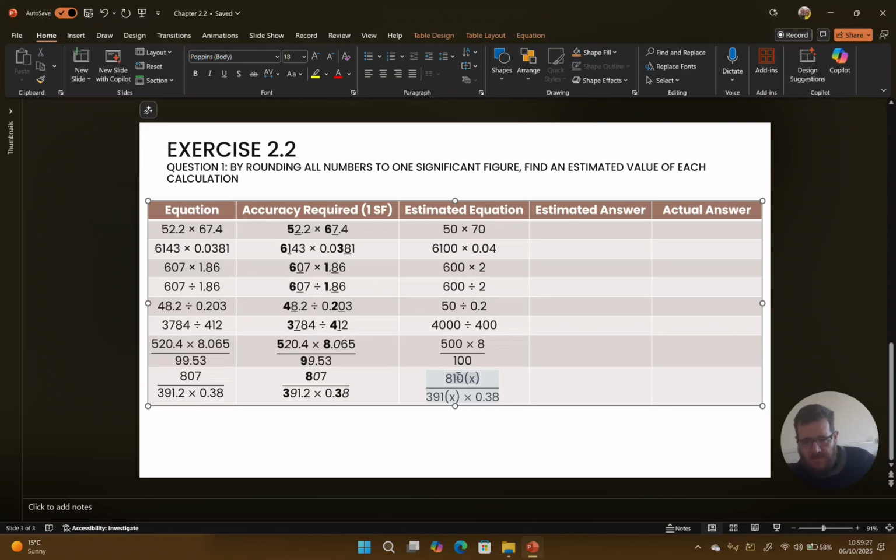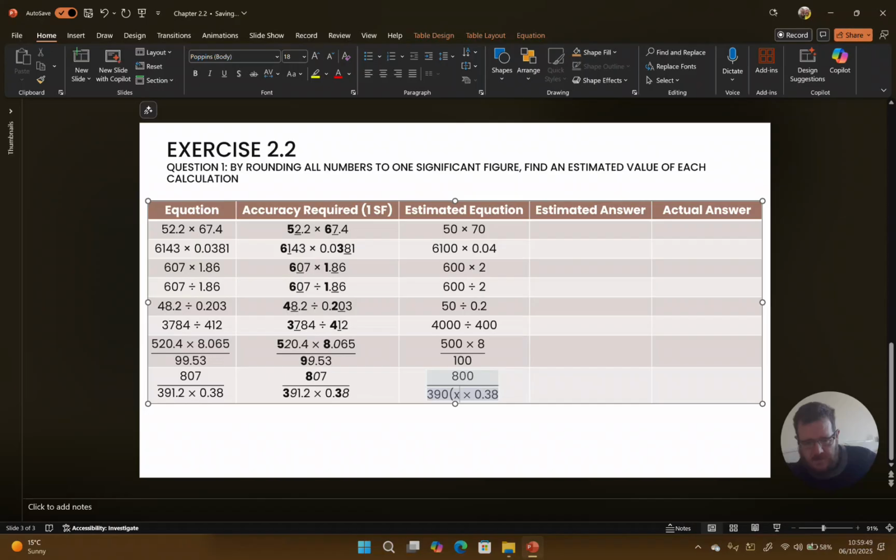But again, remembering we are ultimately rounding to one significant figure, not two. So then this one rounds down to 800.